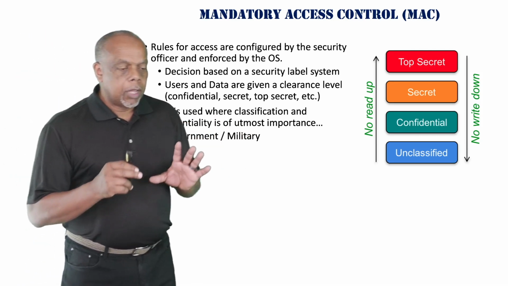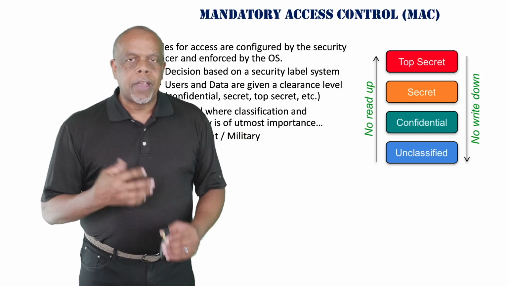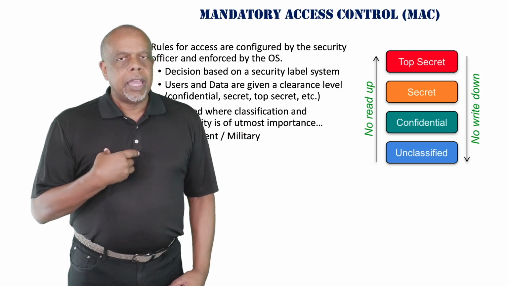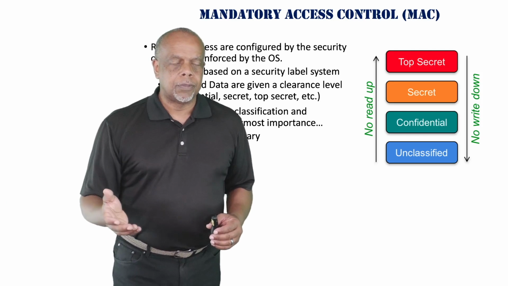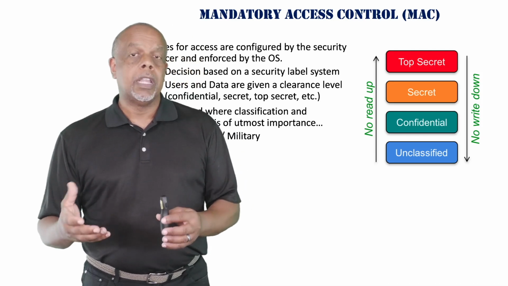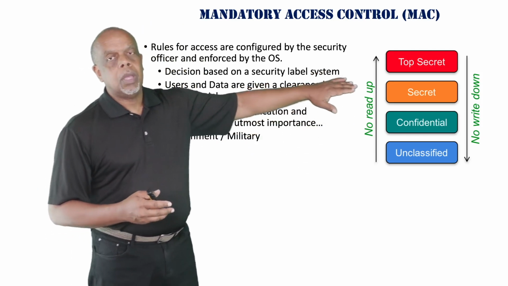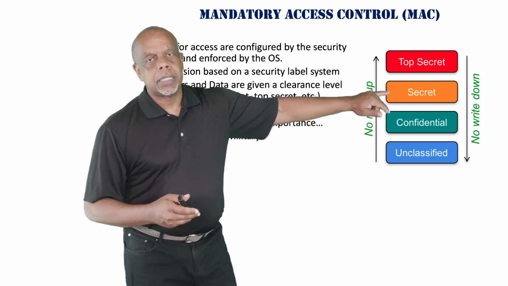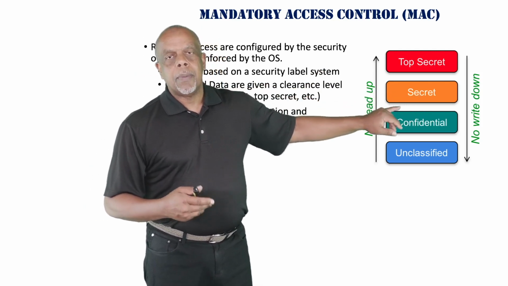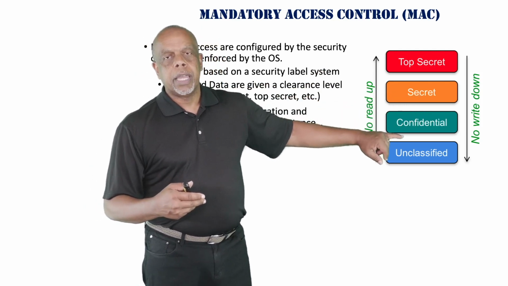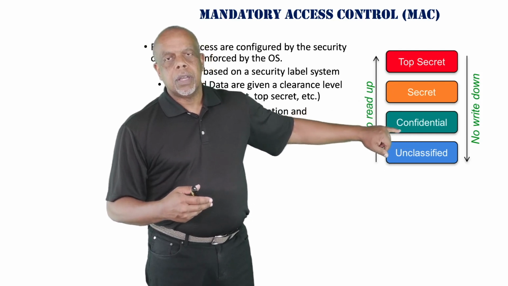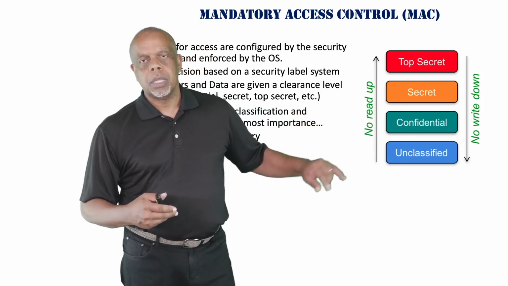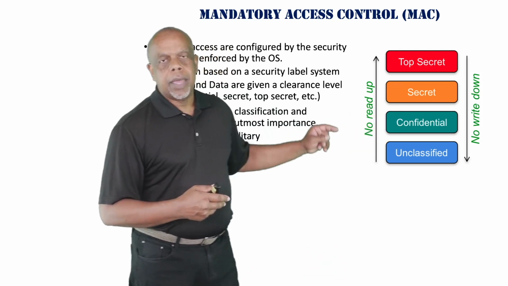And the thing about mandatory access control, it doesn't matter if I created a document, I can't arbitrarily give access to that document if the individual who wanted to receive it does not have the right security label. I can work in an environment where I've just created a secret document. However, my wife, who I work with, only has access to confidential information. I cannot give her access to secret information unless she has secret clearance.